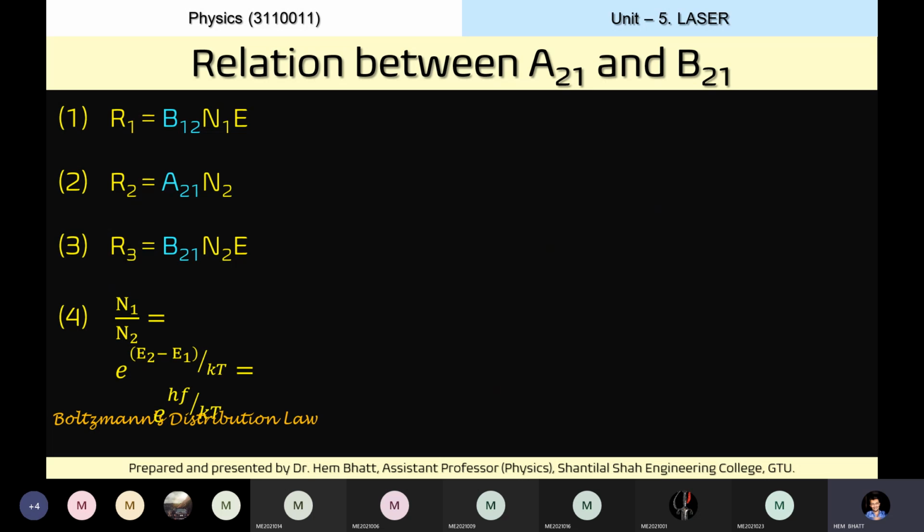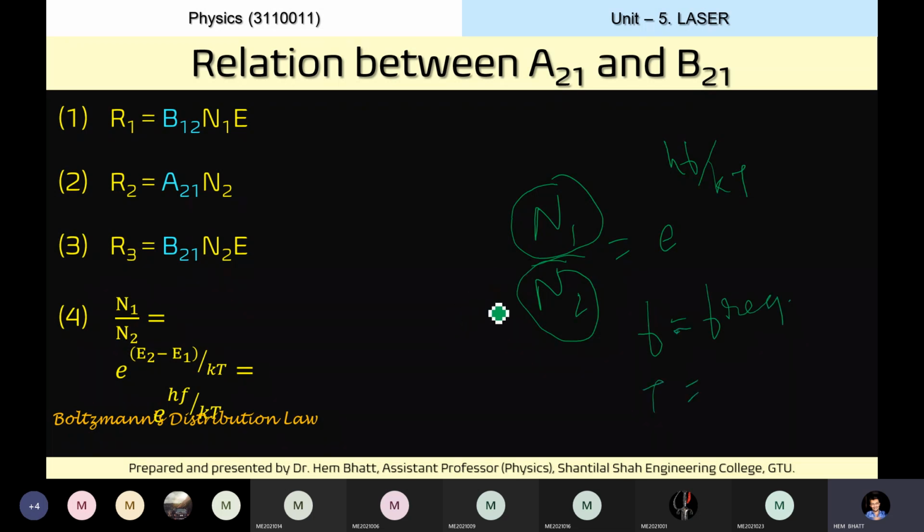Boltzmann said that if you take the ratio of the number of atoms in the ground state and excited state, it will be e to the power hf by kT. What is f? Frequency of incident light. What is T?